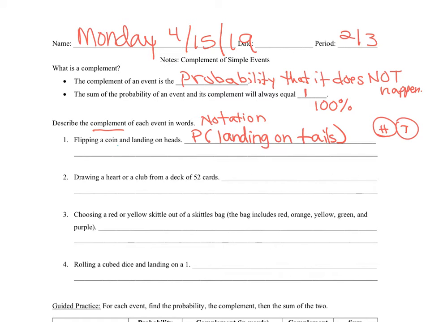Drawing a heart or a club from a deck of 52 cards. Go look at the picture of a deck of cards if you need help with this. I put it in your Schoology because you do need to know, if I ask you what a heart or a club is, you do need to know what that is. So there are 4 things on a deck of cards.